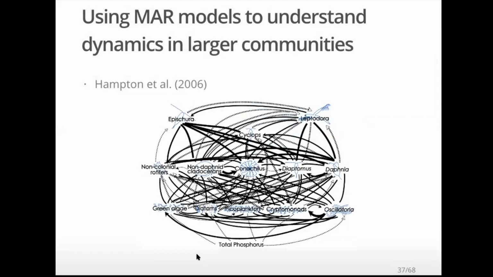So it's complex, but we can write that mathematically in a really simple way, just using that multivariate autoregressive model. We have our X, we have our B, and that B matrix is capturing all of that.